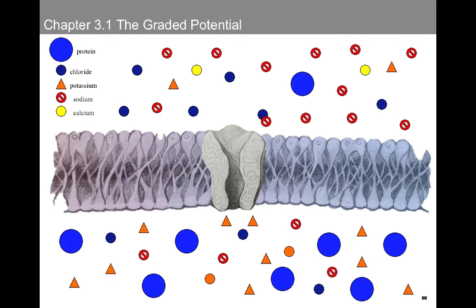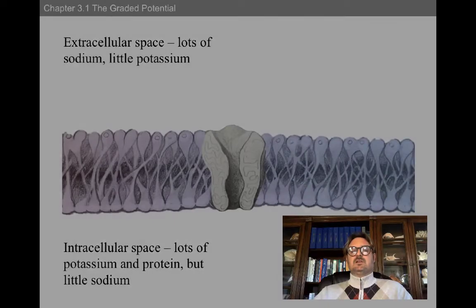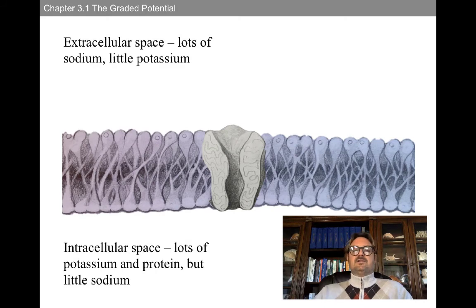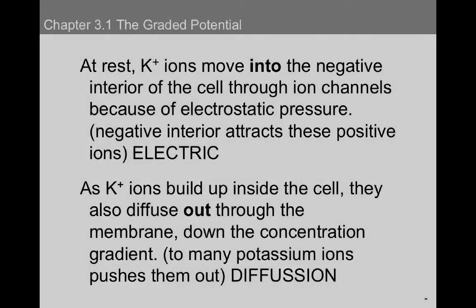Now, most of the time, sodium's not allowed to enter into the intracellular space, but sometimes it is. The net effect is the extracellular space is going to have lots of sodium, but very little potassium, and the intracellular space is going to have lots of potassium and protein, but very little sodium.